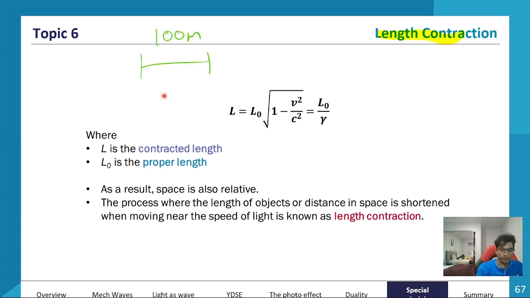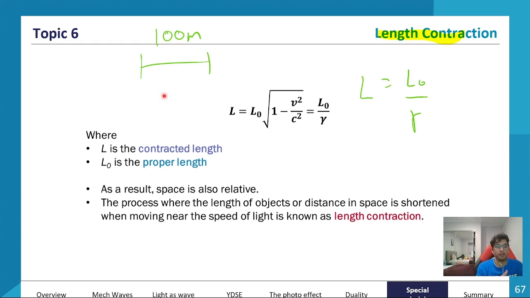The formula for this is L equals L0 divided by the Lorentz factor. L0 is the actual length of the rocket, and you can measure that if you're in the same reference frame as the rocket.